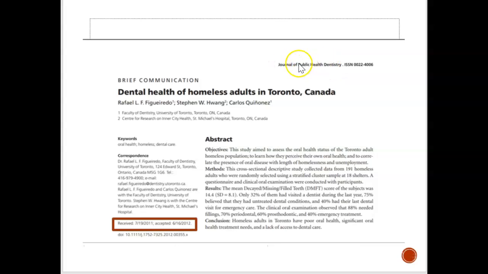The journal did not accept it until June of 2012, so it took one year. And in that one year, there was a peer review process happening. So you can see it takes a long time for the peer review process to happen. So this over here, if you see this in articles, that tells you that there has been a peer review process in that article.